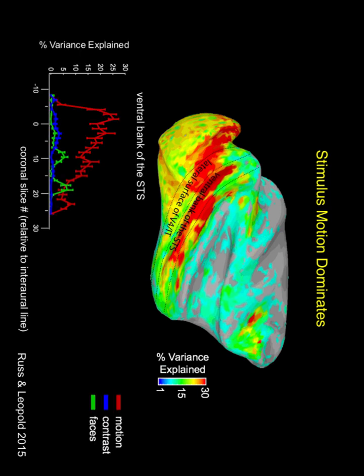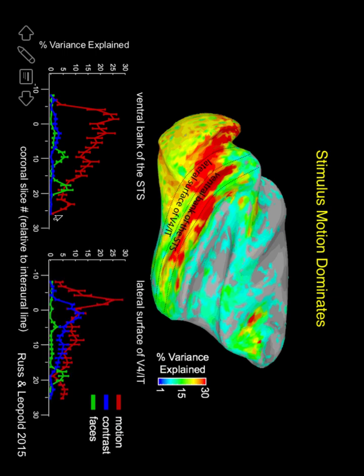Another way of showing that is you can see the dominance of motion throughout the cortex. We can plot along the ventral bank of the STS and the lateral surface of the IT cortex areas that are known to be visual areas in the macaque. And we see that motion is accounting for most of the variance throughout, with a slightly decreasing amount of variance explained as you go more anterior, but it's still higher throughout.